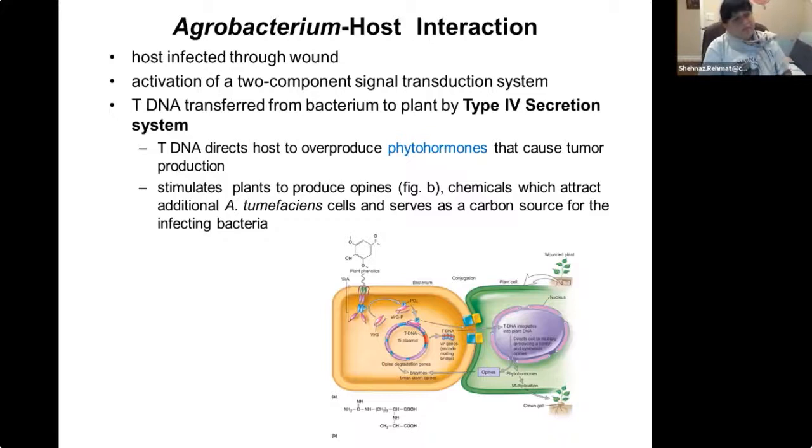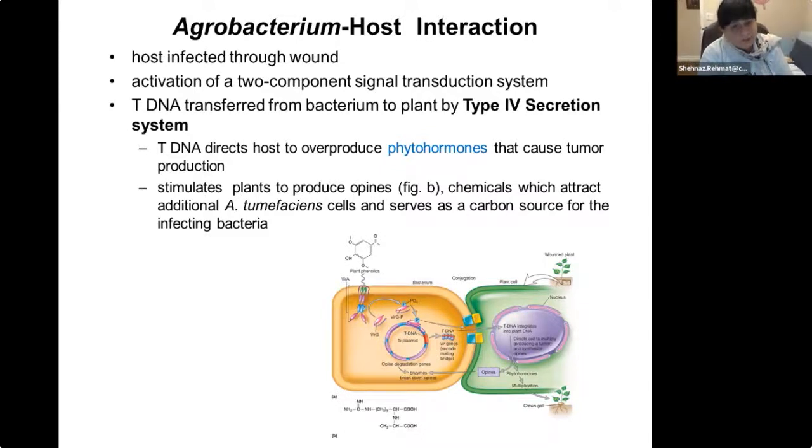So this infection occurs through a wound, not through a very healthy plant. There has to be a wound where the Agrobacterium will infect, and it will cause the activation of the 2-component signal transduction system. The Ti plasmid's tDNA is transferred from the bacterium to the plant, which looks like a type 4 secretion system.